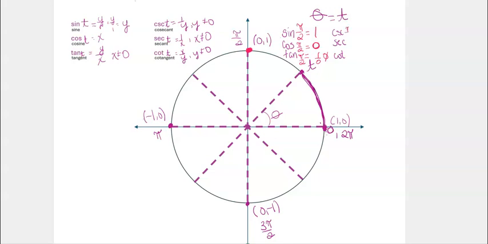Cosecant of pi over 2, if we look back over on the left, it is 1 over y, and that would be 1 over 1, which is equivalent to 1. The secant of pi over 2 will be 1 over x, which is 1 over 0 in this case, which is, again, undefined. And then the cotangent of pi over 2 would be equivalent to x, which is 0, over y, which is 1, so it equals 0.